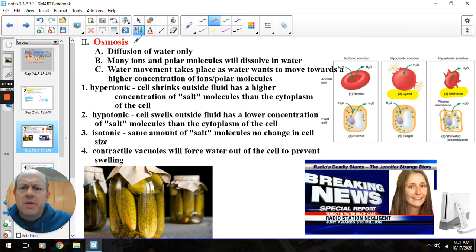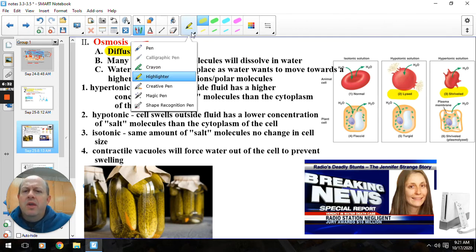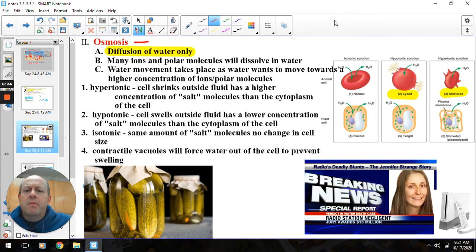Another type is going to be osmosis. Osmosis is basically a special type of diffusion that involves water. Water can go across, but it has to go through a special part called aquaporins. It can't just go through the phospholipids. Water wants to move towards the side of the cell that has a higher concentration of solute particles.